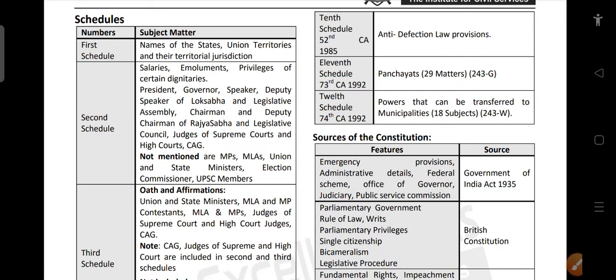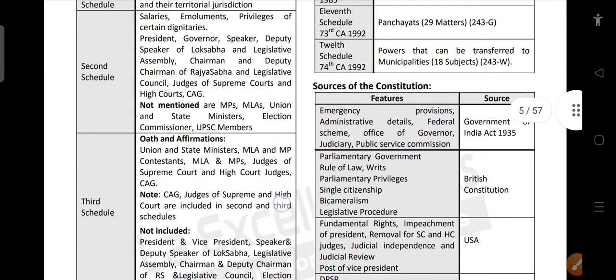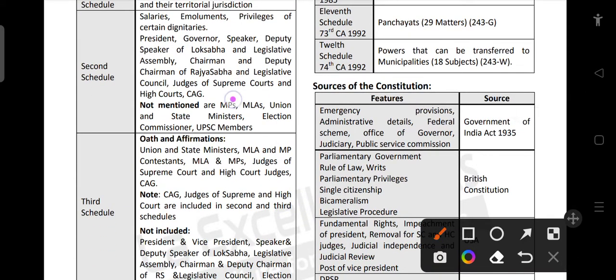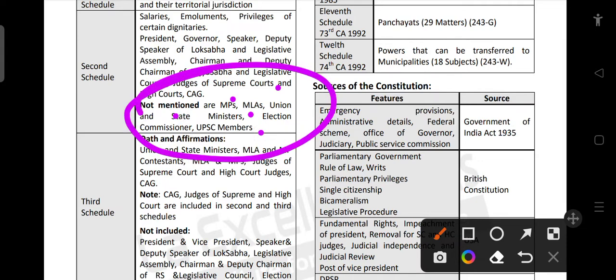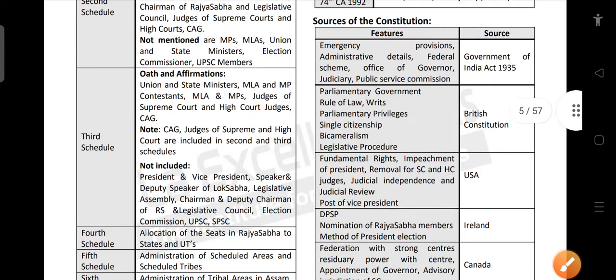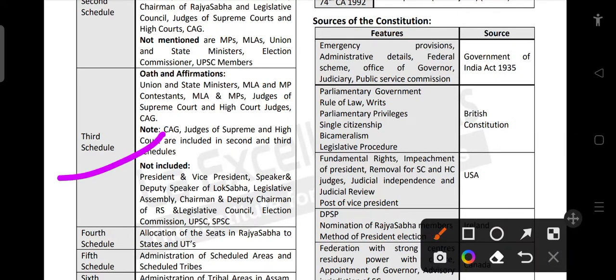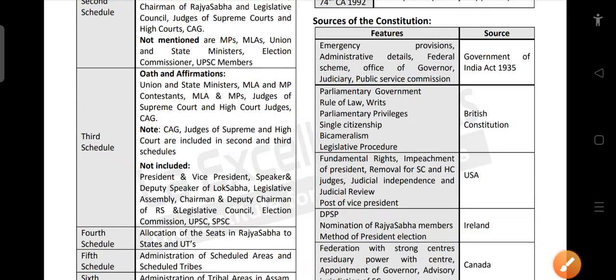We also have to mention who are not mentioned in the second schedule. So MPs, MLAs, ministers, Election Commission, UPSC, all these are not mentioned. Whereas the third schedule talks about the oath and affirmation of ministers, MLAs, MPs, judges of the Supreme Court and High Court. So judges come in both these schedules. Second and third talk about judges.